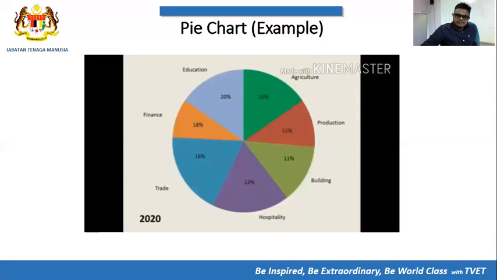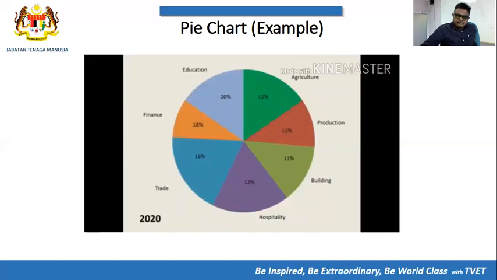Then coming towards paragraph 2. Now in paragraph 2, again you need to concentrate on the year 2020 pie chart. What are the increased and slightly increased sectors? The increased sector in 2020 is education. Education is 20%, as you can see, dear students, in the given pie chart.